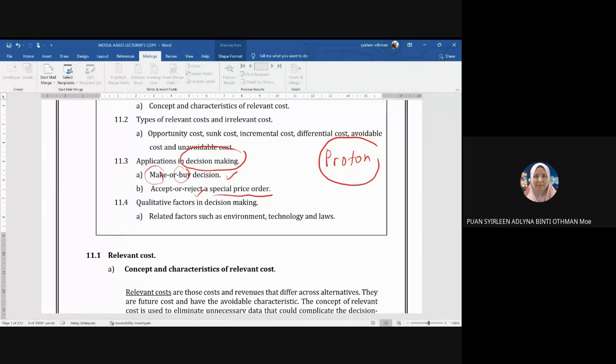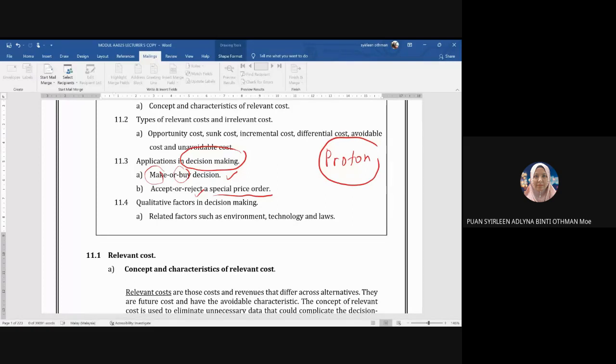Kenapa dia buat decision untuk buy? Maybe dia nak jimatkan cost, ataupun dia tahu dia tidak ada kepakaran. They don't have the specialty to produce the parts, so they need a better, a specialized sector yang boleh produce parts tu dengan lebih effective, dengan lebih baik.